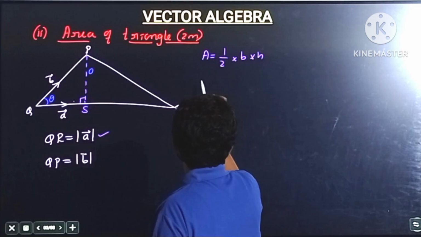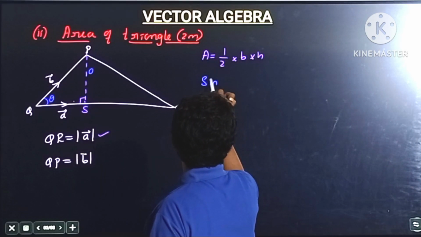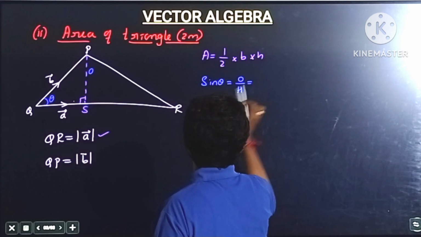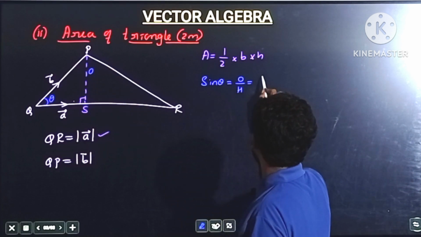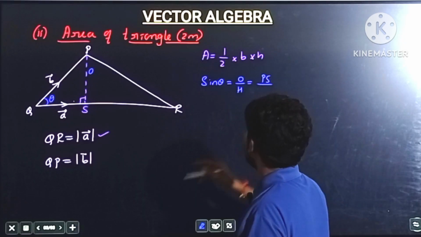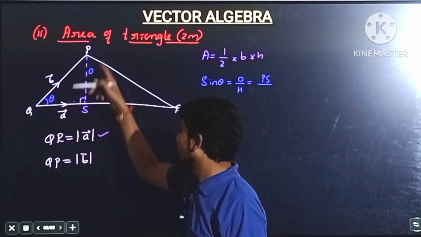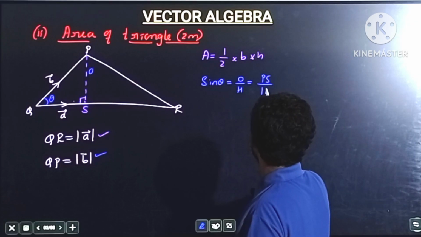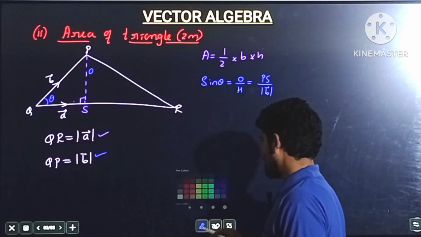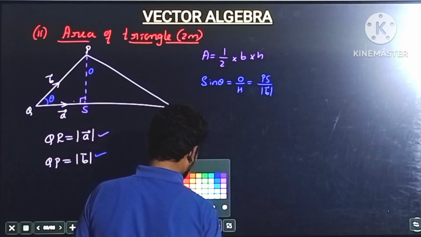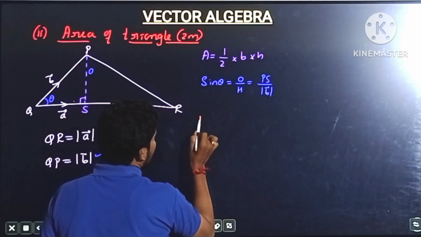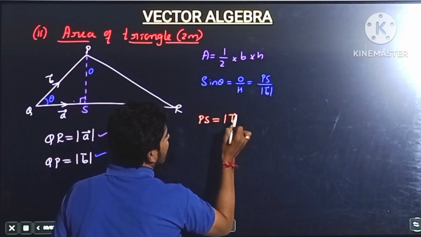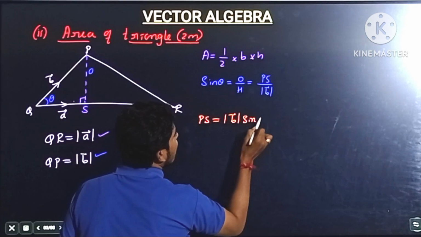Because we know that sine theta is equal to opposite divided by hypotenuse, where opposite is PS, divided by hypotenuse QP, and its length is magnitude of B vector. So magnitude of B. Now by the cross multiplication, PS is equal to magnitude of B vector into sine theta.